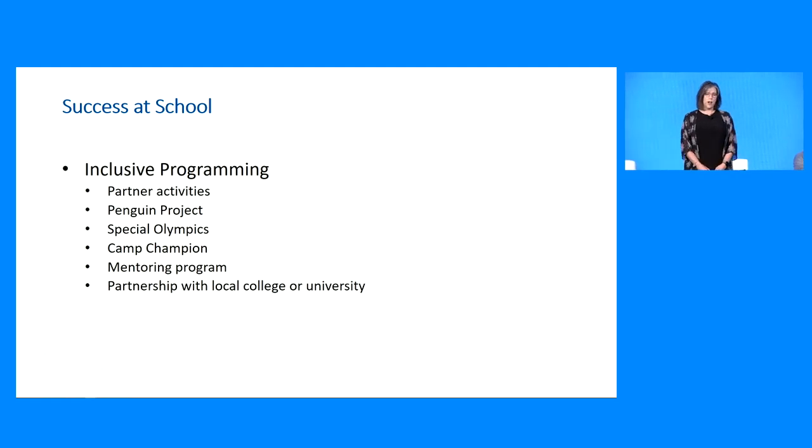So we do a lot of partners activities, and partners for us is like if we have partners PE, then we bring a gen ed student who has volunteered to be a partner with a student with special needs, and we have PE together. So instead of modifying all the activities in one way to meet all the needs of the student, those partners really get to know our kids.